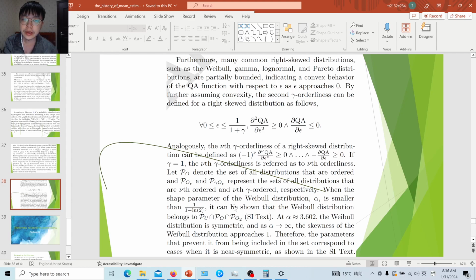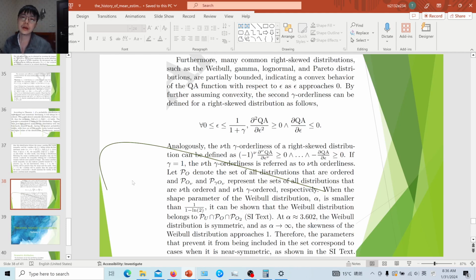Indeed, we checked many unimodal cases, such as the Weibull distribution and the gamma distribution. In most cases, the first three orderings are valid, and the violation only occurs when the distribution is nearly symmetric.